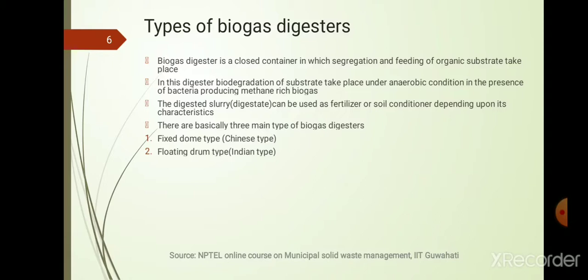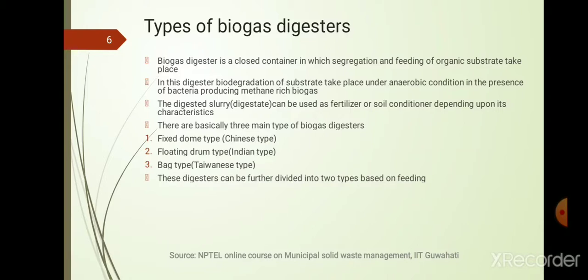This is known as the Indian type digester because it came into use mainly in India. And finally we have a bag type digester, which is also known as the Taiwanese type digester. So these are the three classifications of biogas digester: fixed dome, floating drum and bag type biogas digester.